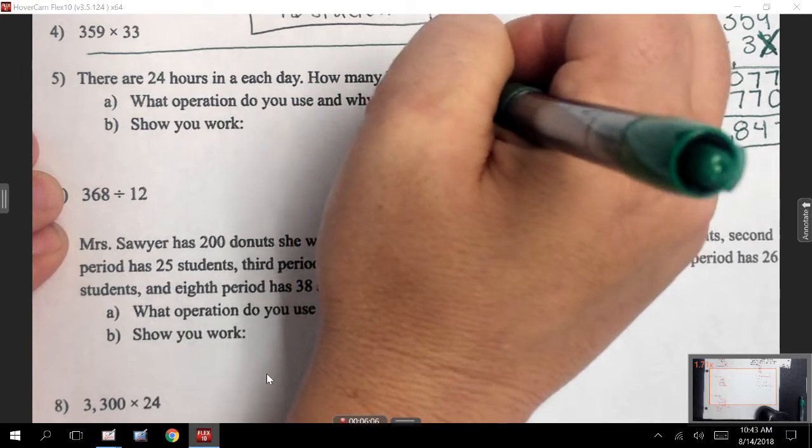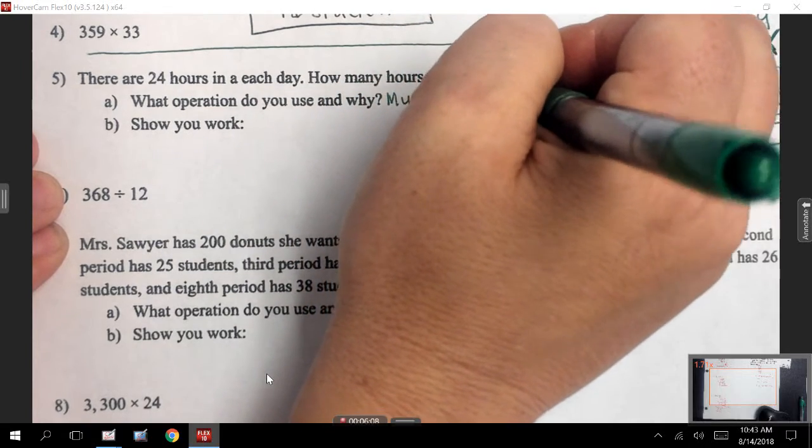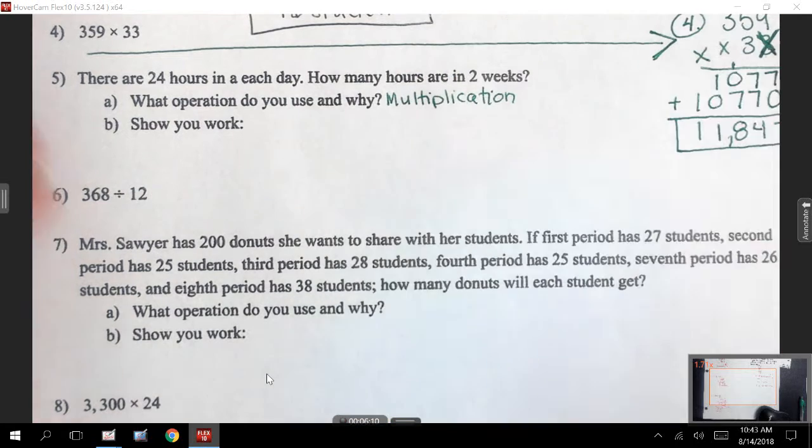Because 24 hours for each for 14 days. What word did she use there that's getting me so excited right now? Mary, do you know what word it was that you used? Close. Repeats. Repeats, yes.